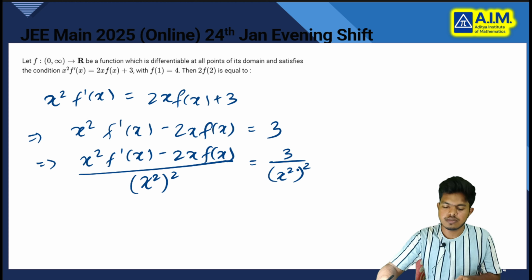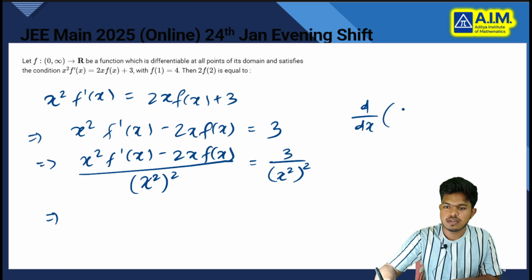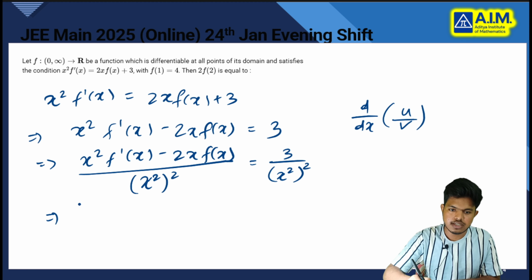Now see what this is. We have studied the derivative of u by v. Okay, so see what this becomes if we integrate both sides with respect to x.